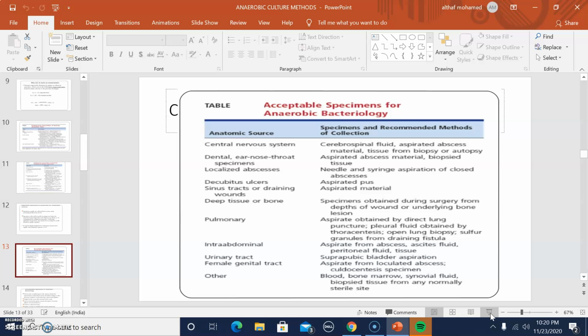Next, in the case of a localized abscess, needle and syringe aspiration of the closed abscess. Mainly, these aspirated materials are collected from each of the sites. Swab is not recommended, it is discouraged, but under certain conditions they use swabs also.